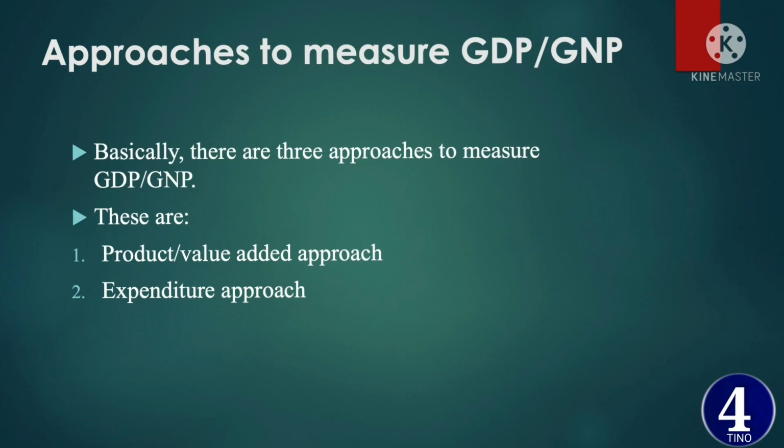Expenditure approach, which will be considering only the expenditures made on the outputs of a given country. And the third one is the income approach, which measures the income received by each resource inside the country in the production of the given output. These whole 3 methods are approaches to measure GDP, but will finally give us the same result.